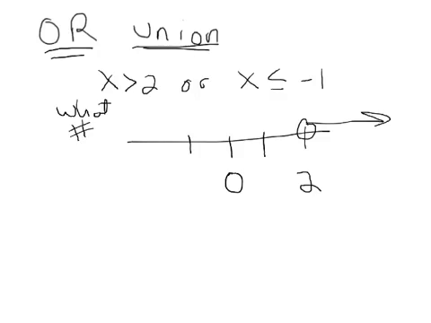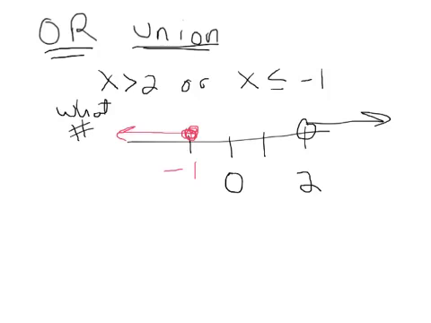Then in a different color, I'm putting down my -1. What number is less than or equal to -1? All of these numbers are. So that is a compound inequality with an "or," a union.